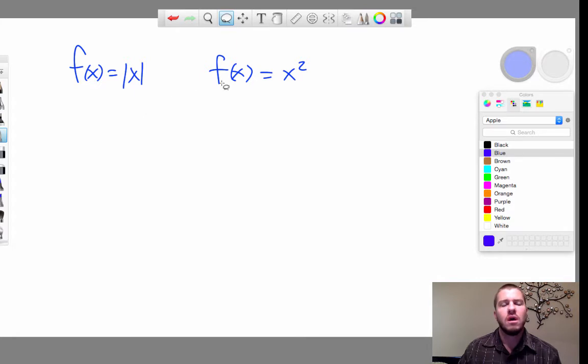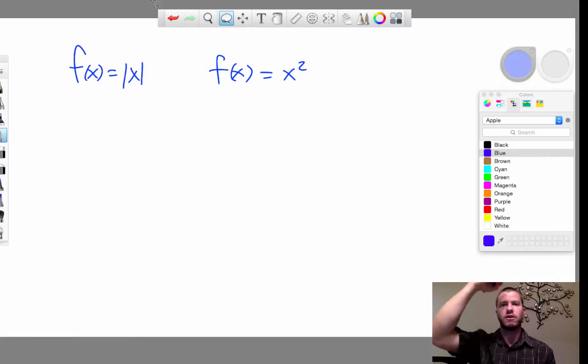So out of those functions, we're mostly going to be using the transformations with the absolute value and the quadratic functions. And they each have their forms. So we looked at their parent functions and what they look like. All the other functions are going to be based off of that. And they're going to be changed in a way to either they're shifted left or right. They could be shifted up or down, or they could be stretched vertically or compressed vertically.